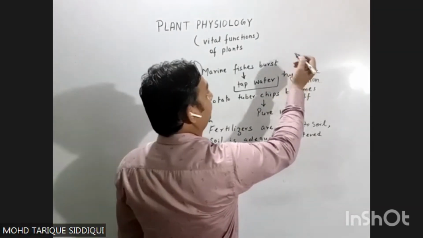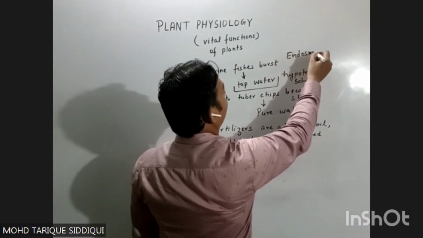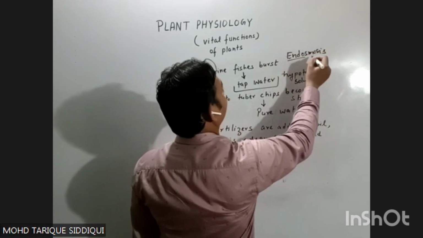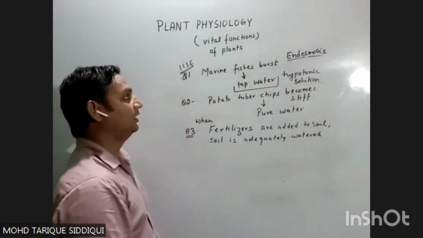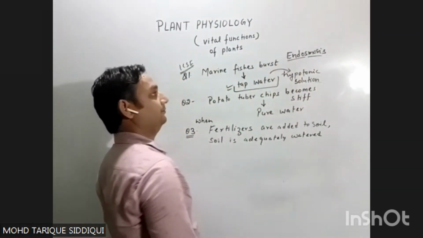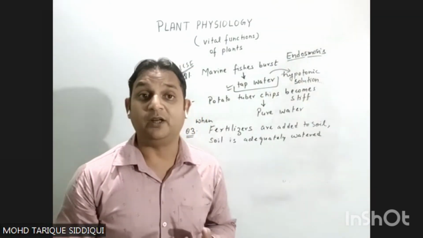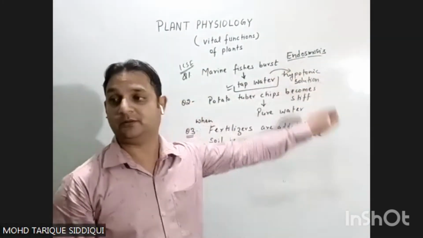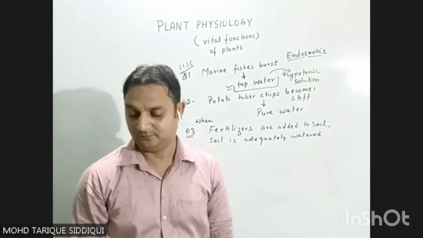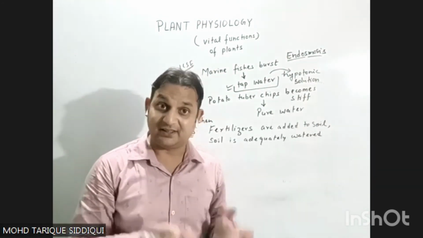Water enters into the body of the fish by endosmosis and develops turgor pressure, as you have studied just now.